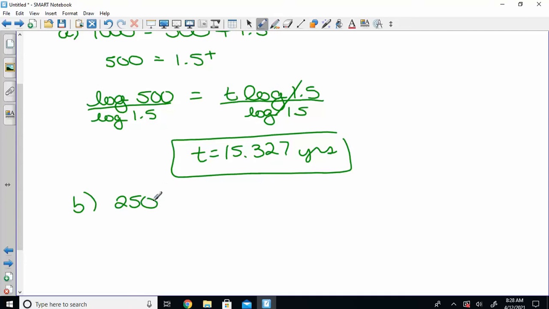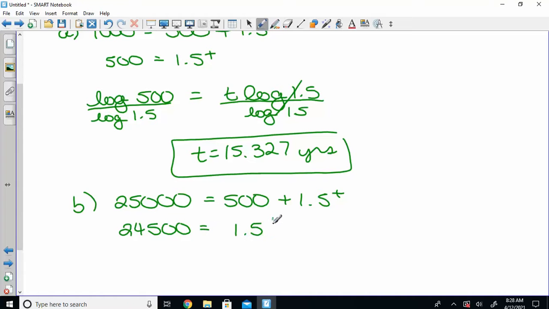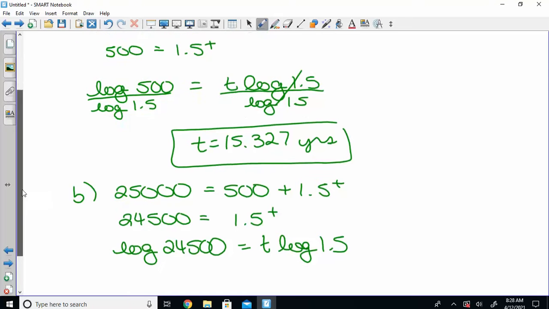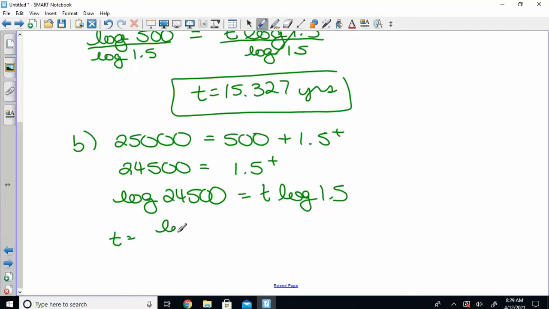So 25,000 is our P. So if we subtract our 500, add our log, divide by the log 1.5, and that gives us 24.9.